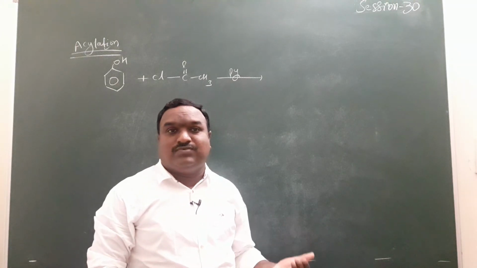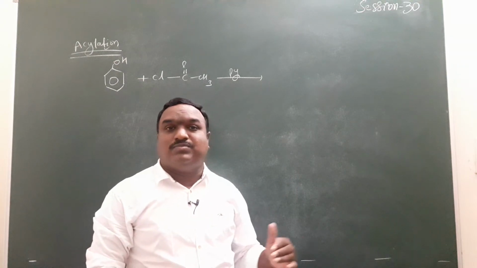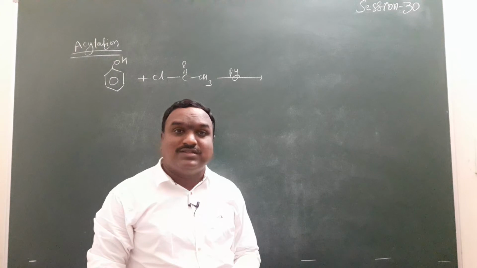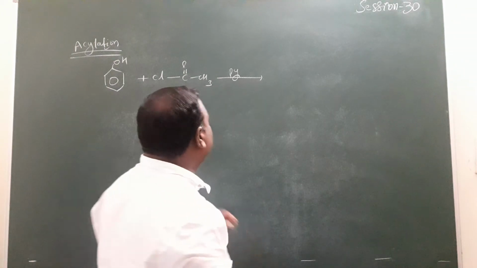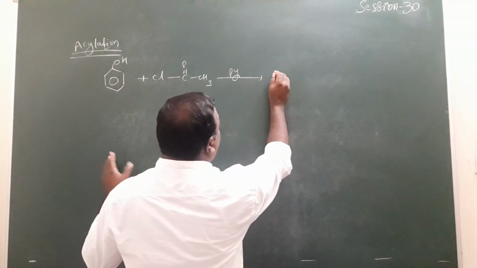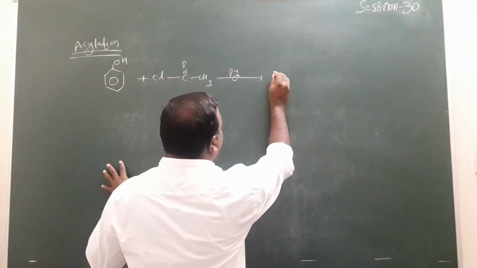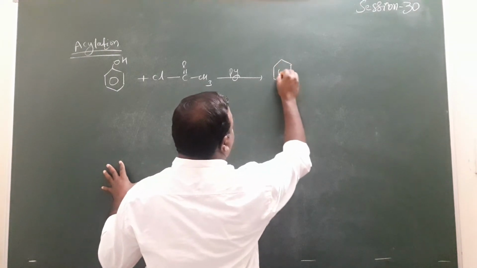So whether phenol or sodium phenoxide is given, it doesn't matter. Based on the given substrate, we can write the product. By the removal of HCl, or of NaCl if sodium phenoxide is given, the product is formed.